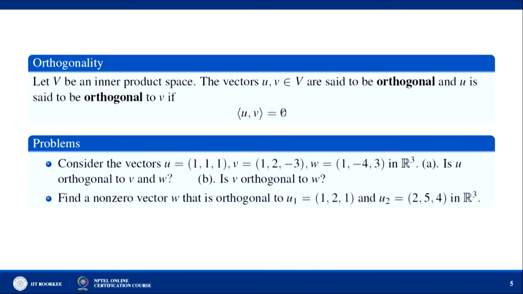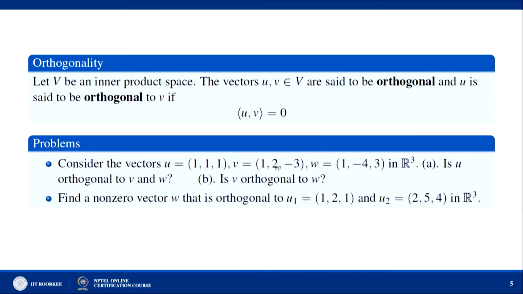Now, let us see this problem. Consider vectors u equal to this, v and w. The first problem is: is u orthogonal to v and w? So, you see here we are defining inner product as the standard inner product, that means the dot product. If nothing is given, we take the inner product as the dot product of the two vectors. So, what is the dot product of u and v?